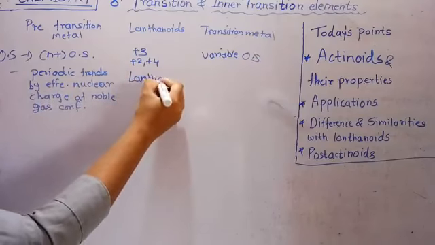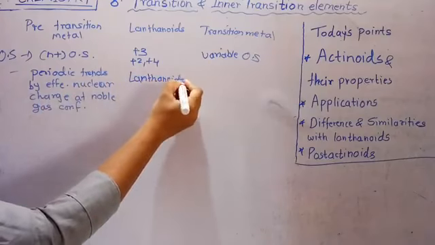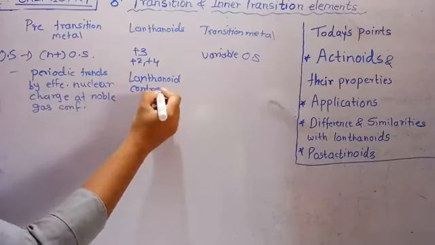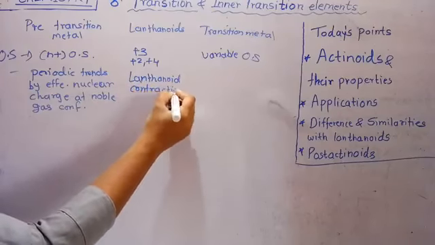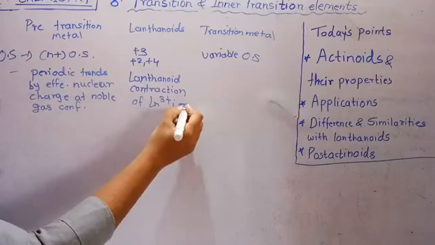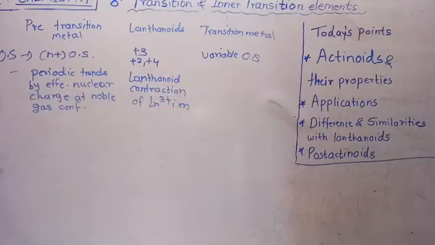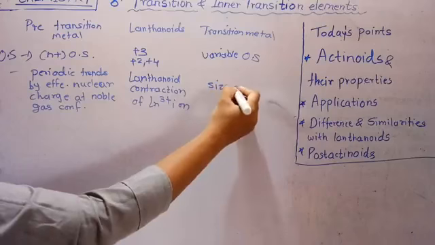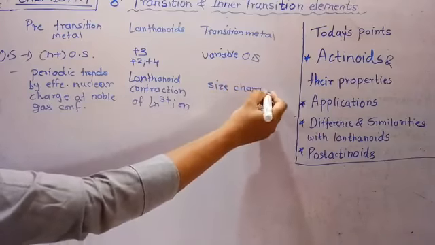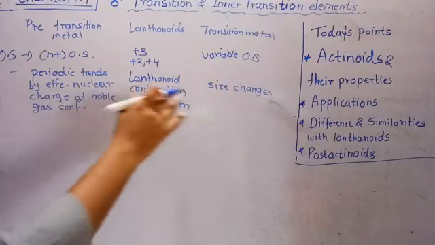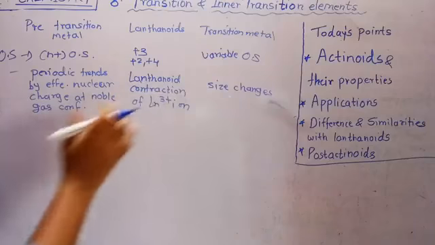That is lanthanoid contraction of Ln3+ ion. Then for the transition metals, their size changes. That is, atomic size or ionic size changes because of the variable oxidation states.